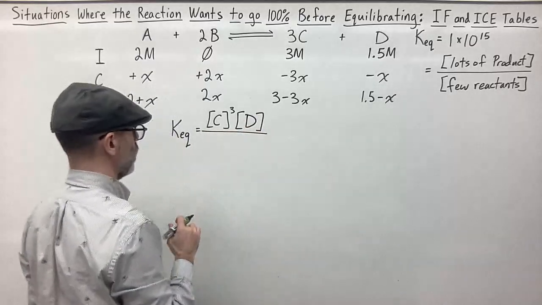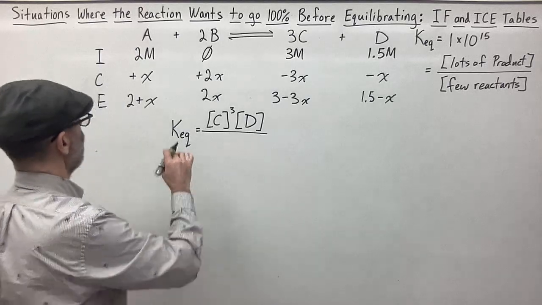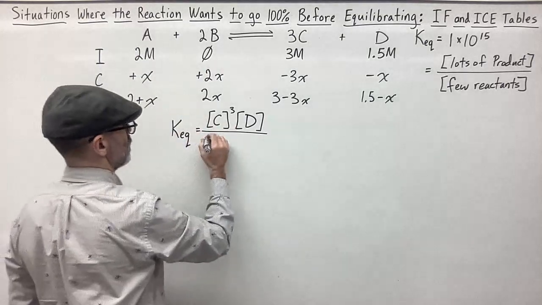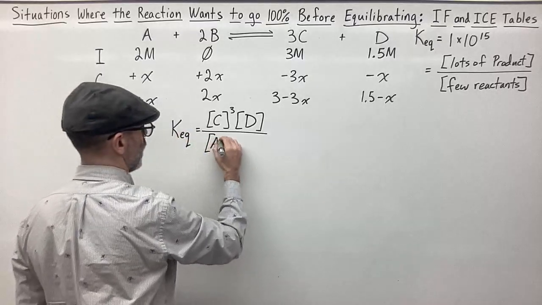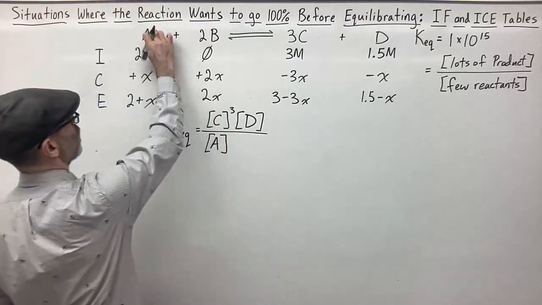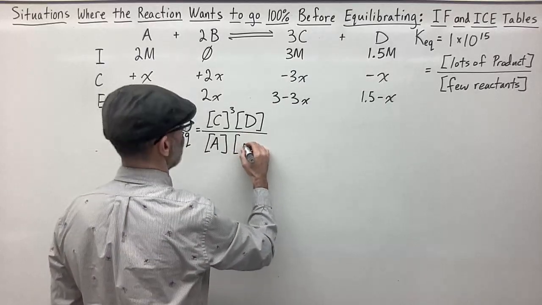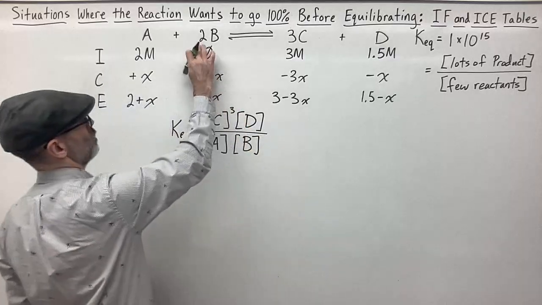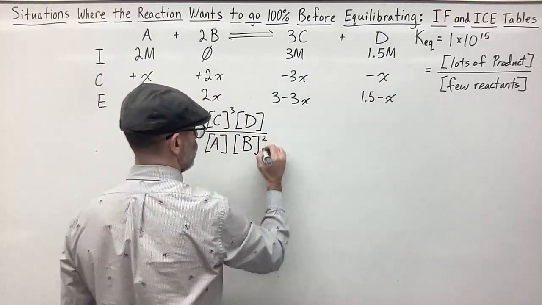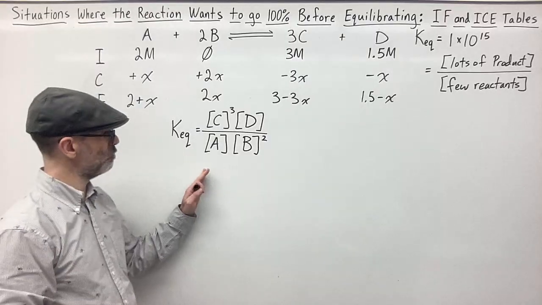We don't write the 1s. They're there, though. It's understood to be a 1. Now we're going to put the reactants on the bottom. So we're going to divide by the concentration of A raised to the 1 power, and then multiplied by the concentration of B raised to the power of 2. So there's our equilibrium expression for the Keq.